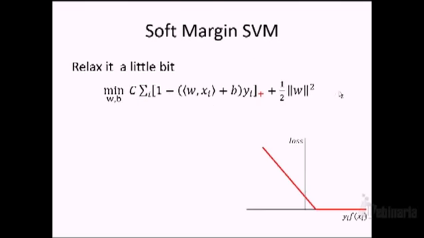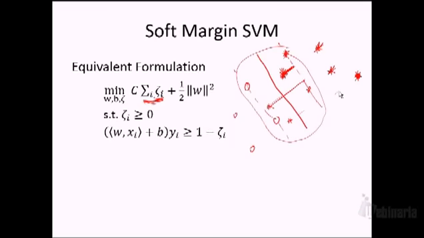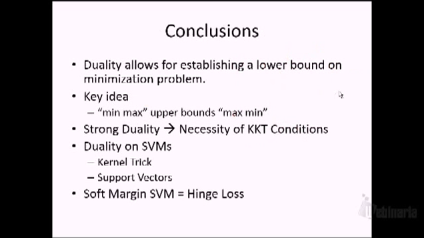So this is the equivalent formulation of the soft margin SVM, and again you can show that these two formulations are equivalent in the sense that they give the same solution.